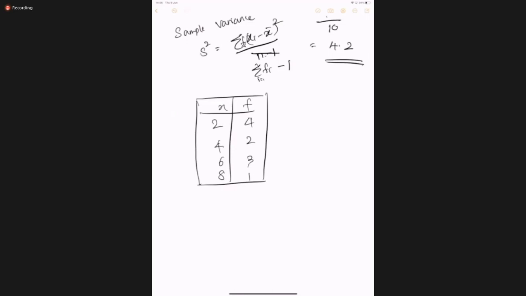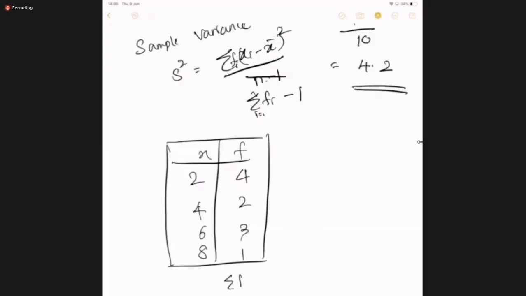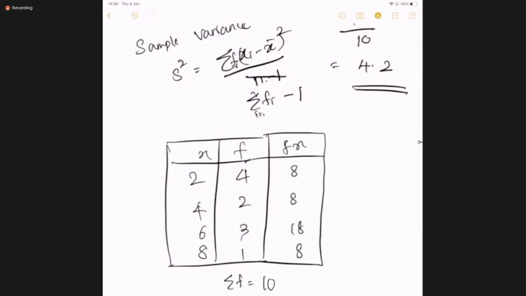Okay. Now, sigma f was found as 10, and we just constructed the column fx: 8, 8, 18, 8. Now we need to find the xi minus x bar squared term.